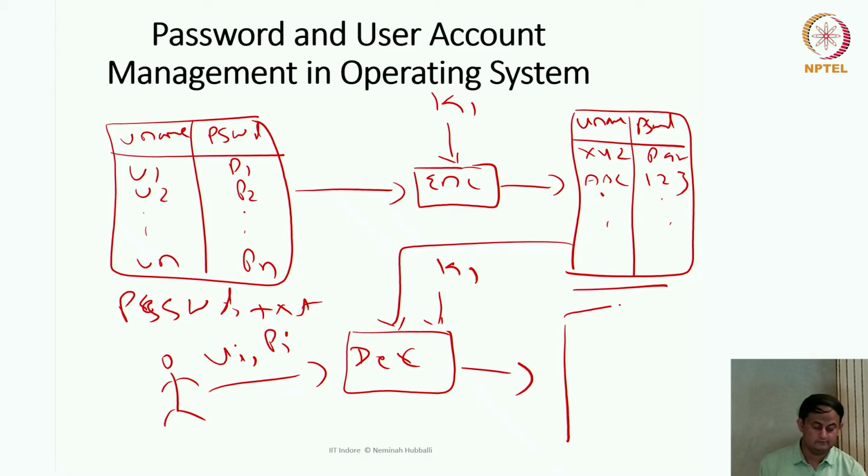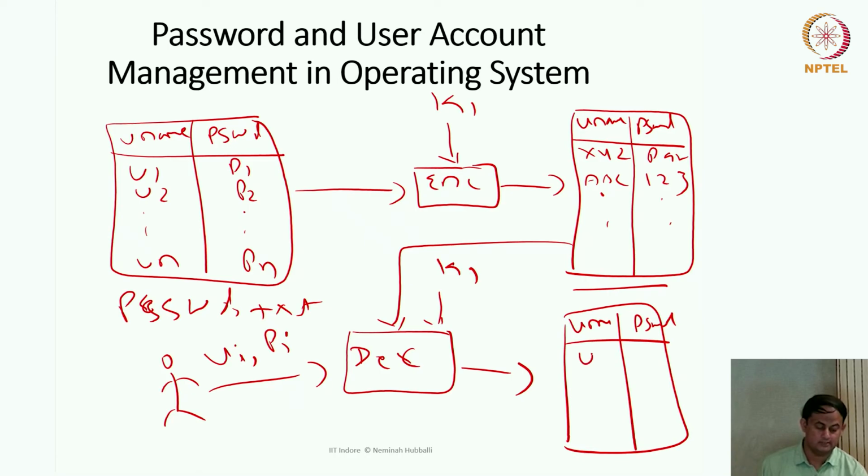So this is an encrypted file, so I do the decryption. I get the decrypted version of the file. So again the usernames and the passwords are there. Now if I do the decryption with the same key, I should get back all the usernames and the corresponding passwords, from U1 to UN and P1 to PN, all of them.